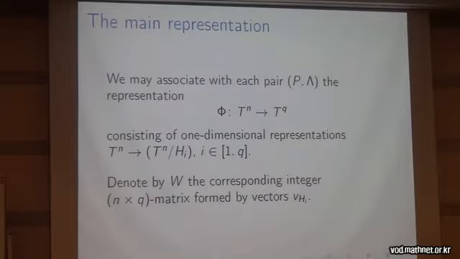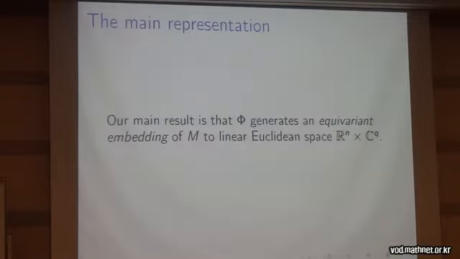This is a large representation, a large matrix, denoted by W. So it's n times q, where n is our dimension, q is the number of all isotropy subgroups of codimension 1, and q is bounded by the number of edges. And the result is that Phi generates, I'll explain what the word generates means, an equivariant embedding of M into the linear Euclidean space R^n times C^q. R^n times C^q is a relatively small dimension for this type.